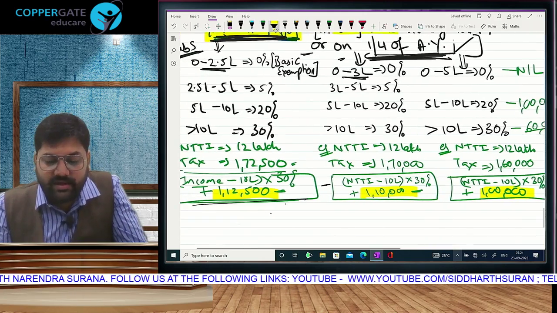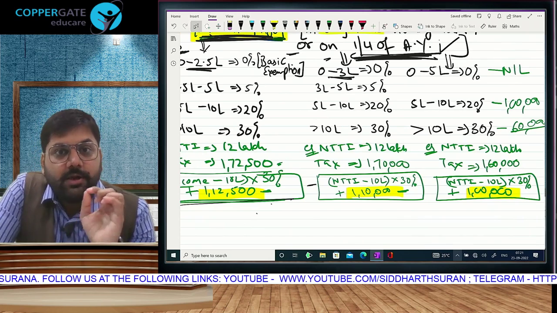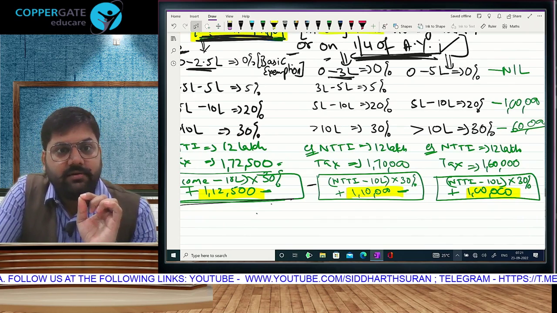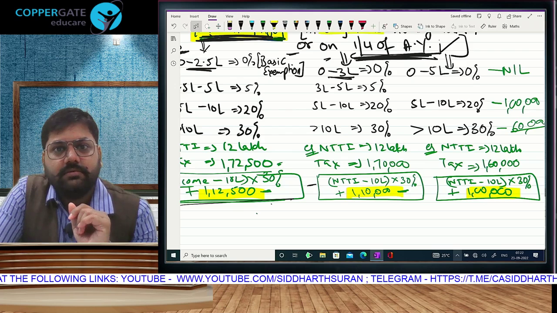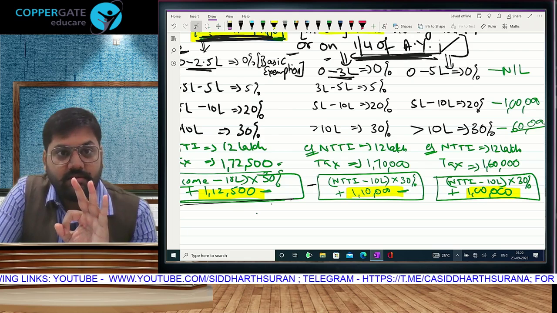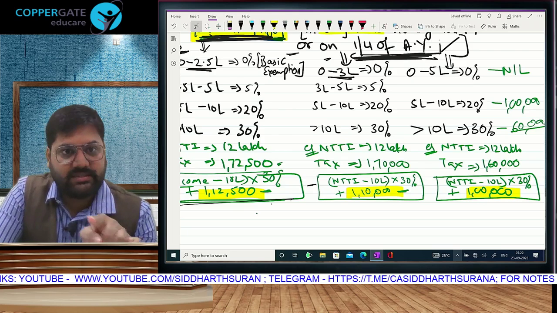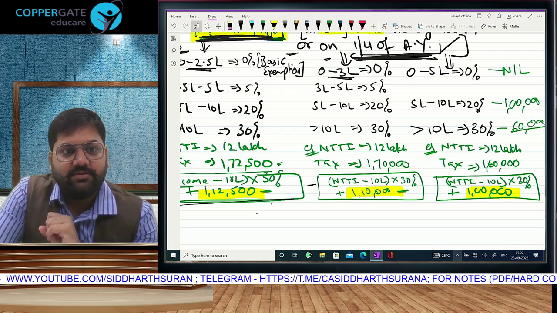So I will summarize how to calculate tax for all the three categories. Pick up your income on your calculator. Subtract 10 lakhs. Apply 30%. Plus, if it is category A, 1,12,500.